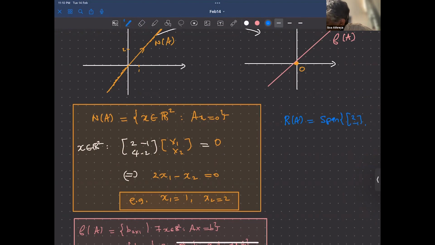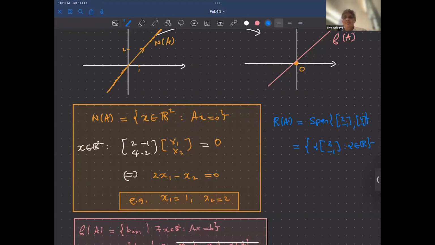That's going to be just alpha times 2 minus 1, where alpha is a real number, since they're both the same.